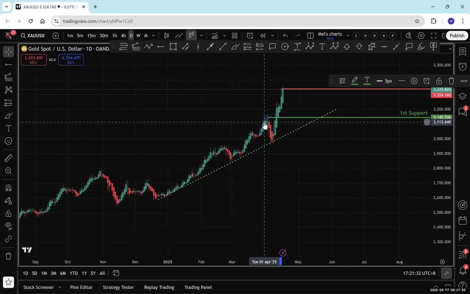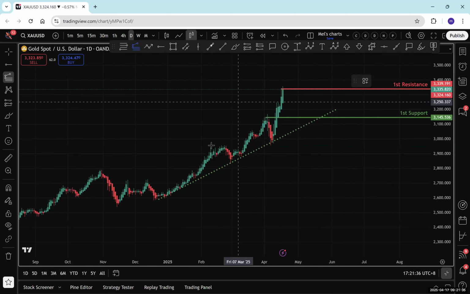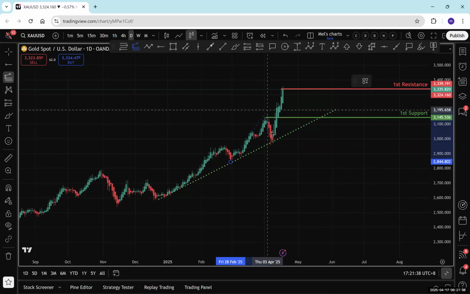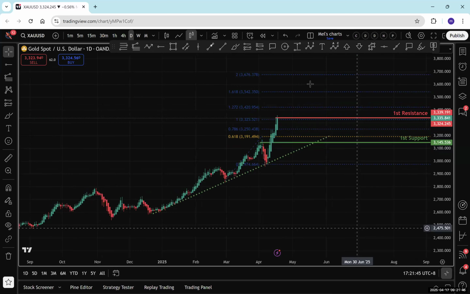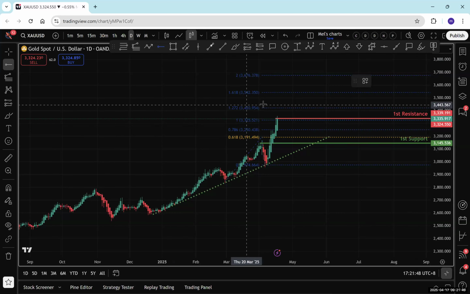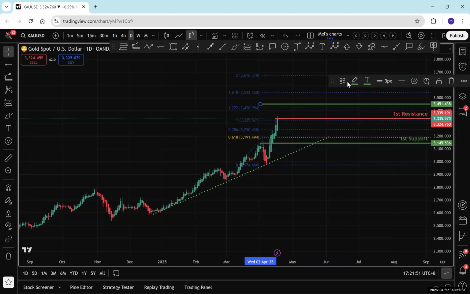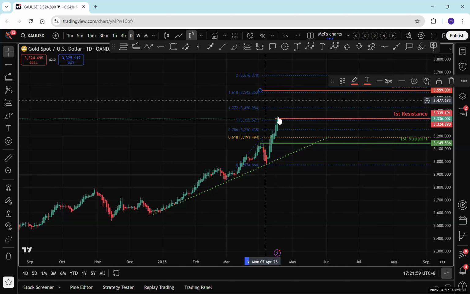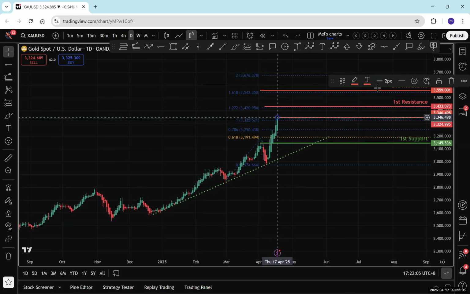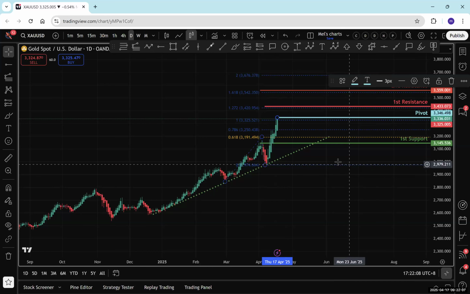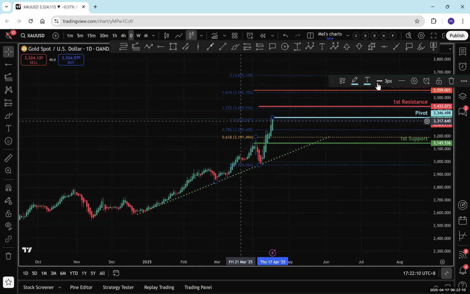Okay, now I'm going in with my Fibonacci levels because you can see we don't have any previous levels for reference for our first resistance. Okay, so I'm gonna place our second resistance at the 127 level, and this will be my second resistance. Okay, I might actually label this the second resistance, first resistance here, and then this as our pivot.